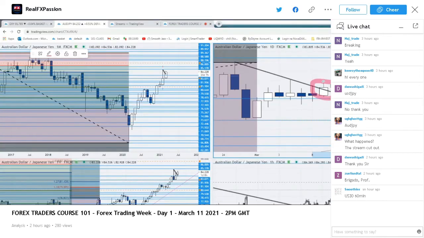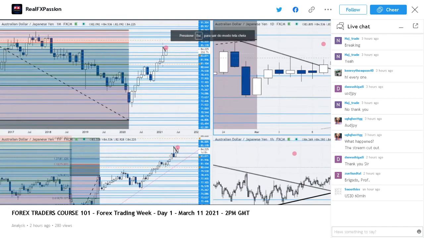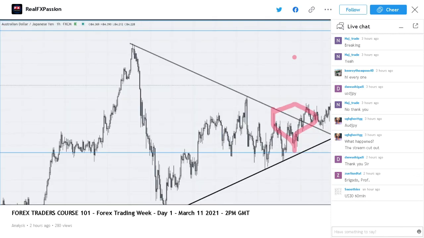Let me see if I have drawings. Okay, one more time, let's go on the chart one more time. Thursday, Wednesday, Tuesday, Monday. So this was the entry, you know, to go long. Okay, 1 hour chart, AUD JPY 1 hour chart.